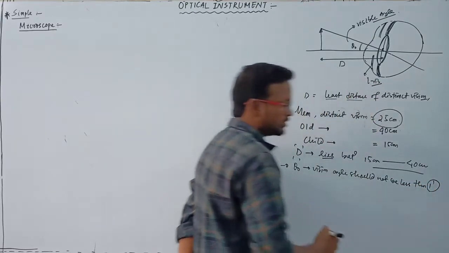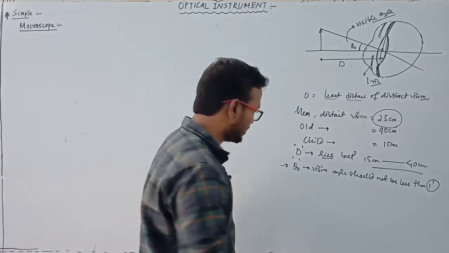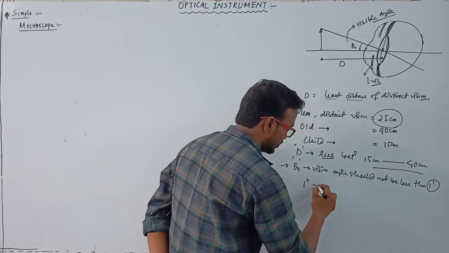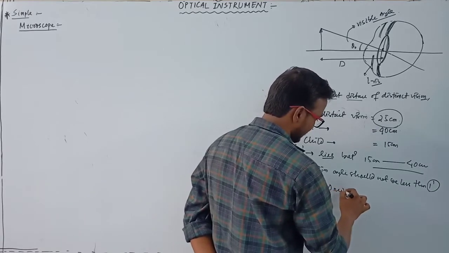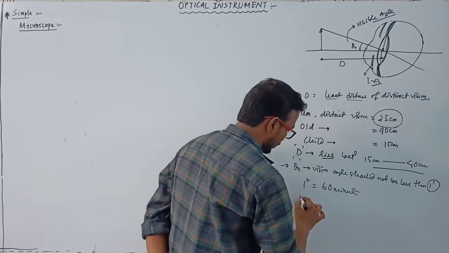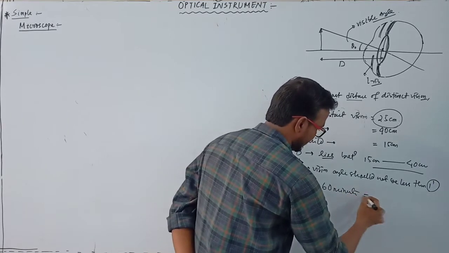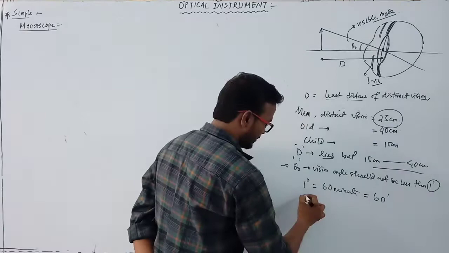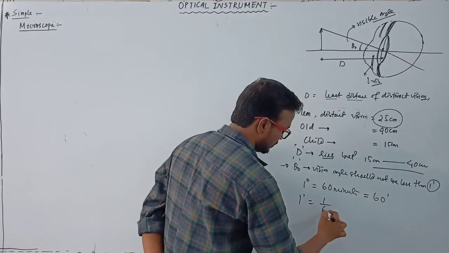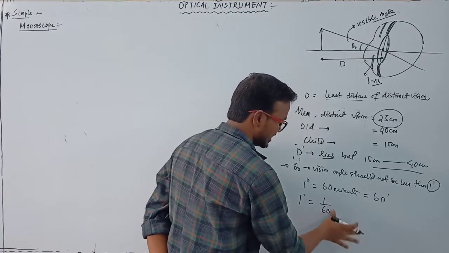So you know the conversion of degree into minute: 1 degree is equal to 60 minute, written with the symbol for minute as 60 prime. So 1 minute is equal to 1 by 60 degree.